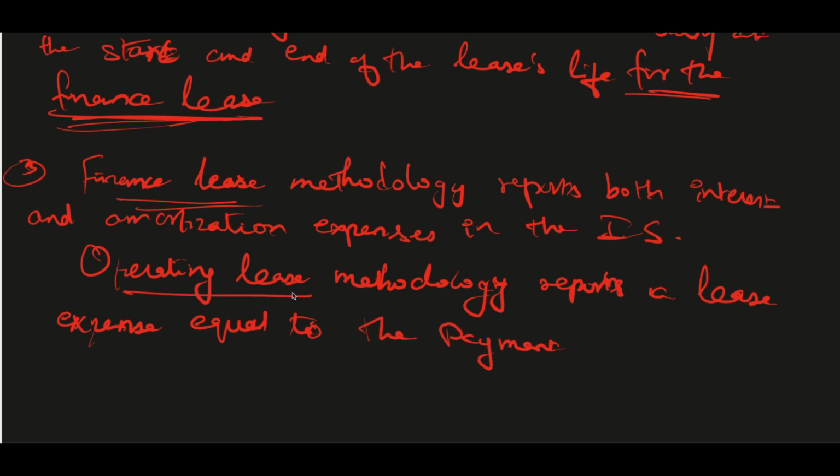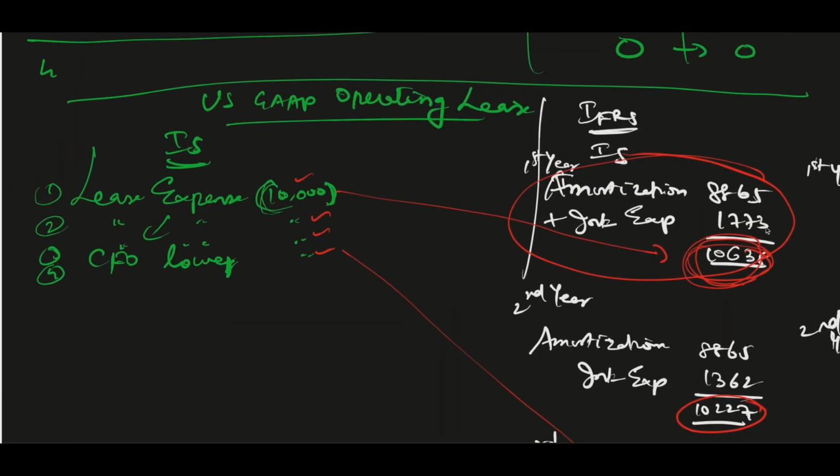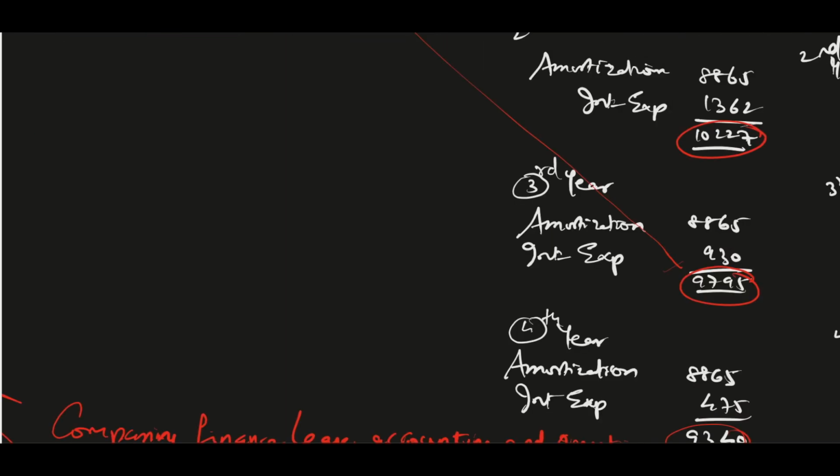So that is under operating lease. It is equal to the payment. That means this is the lease expense, which is equal to the payment of 10,000. Okay, so that's what it means.